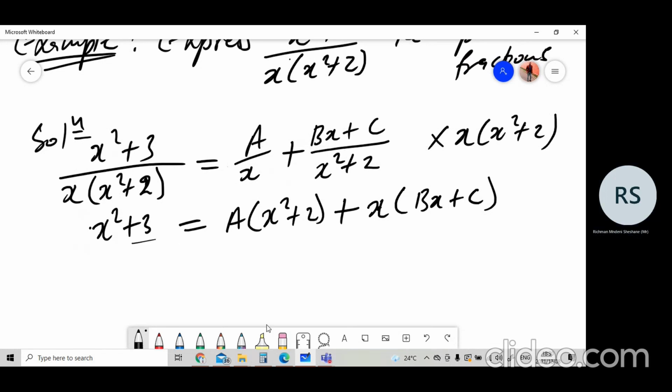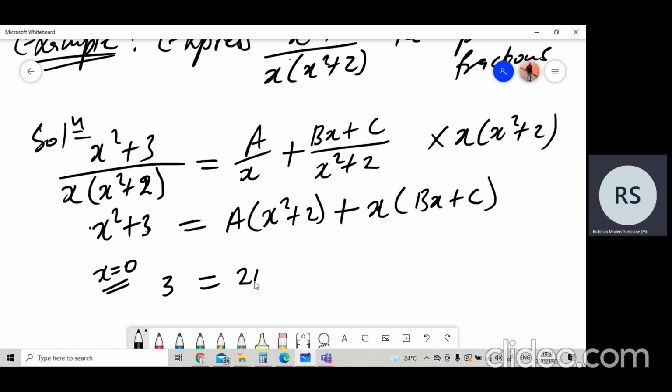So if we made x equal to 0, this term will cancel, right? So let's see when x equals 0. The left-hand side will be 0 plus 3 equal to 2a. When x is 0, everything else will be 0 here. So automatically, we see the value of a will be 3 over 2.